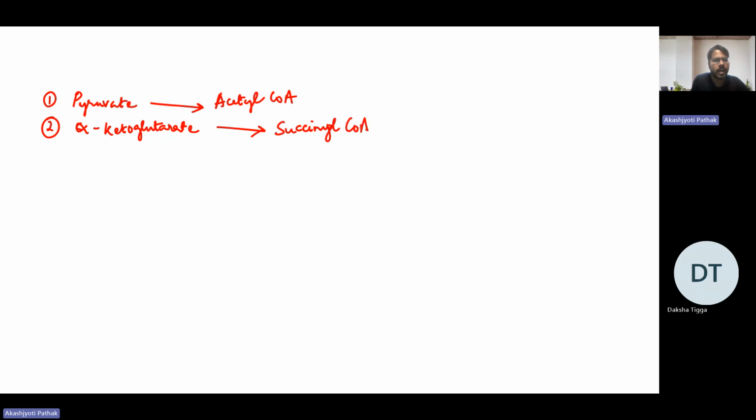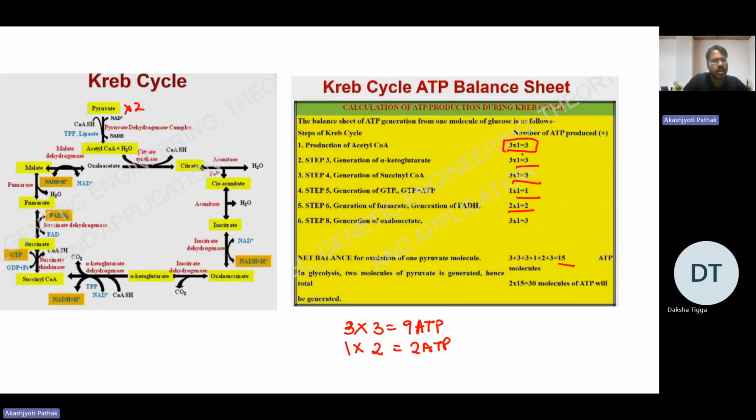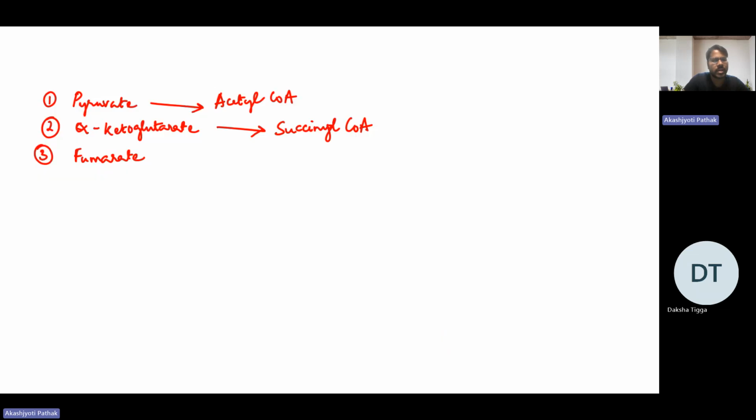Then what is the next step where FADH2 is being produced? In this step, when your succinate is getting converted to fumarate. So that is the step where your FADH2 is produced.